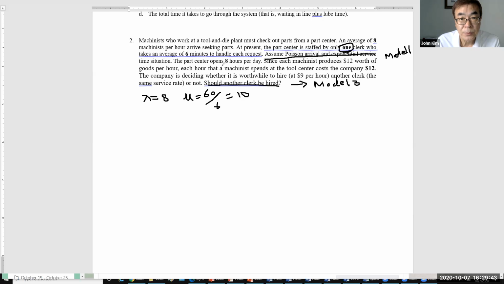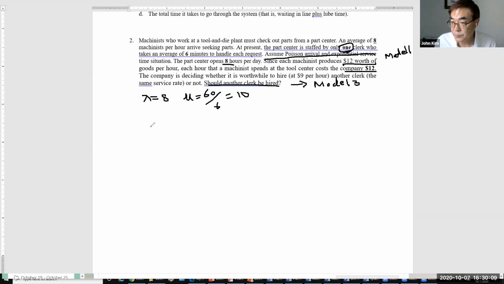And this one is open 8 hours, and $12 customer cost, and then another $12 to hire 1 more worker. So first we need LQ.